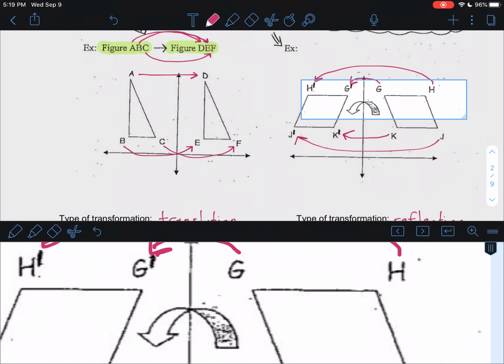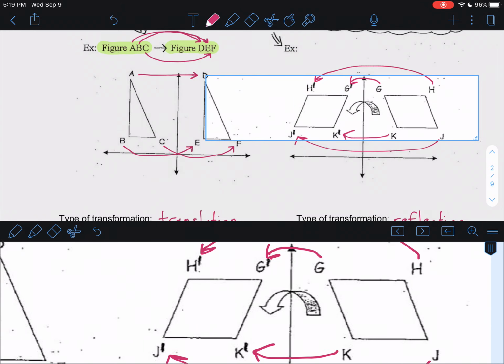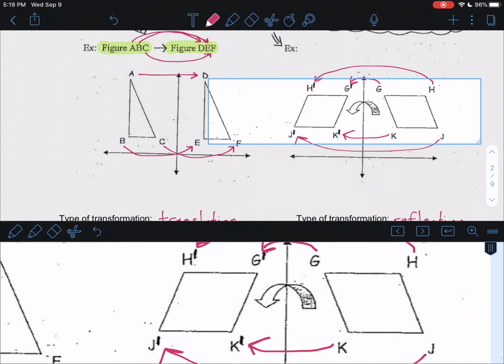Here, they don't tell us the name of it. So the way we would read it is you would usually just pick the first letter alphabetically. So in this case, it is G. G is the first letter alphabetically out of G, H, J, and K.